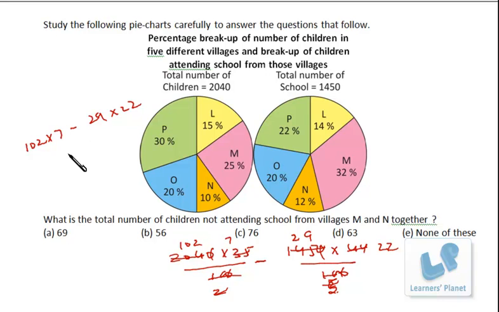You can use the distributive property over here. 102 into 7 is quite simple, it's 714. Then instead of 29 you can take it as 30 minus 1, so 22 into 30 is 660, and this minus will be plus 22, right? So 714 minus 660 is 54, 54 plus 22 is 76, right? So 76 will be the correct choice.